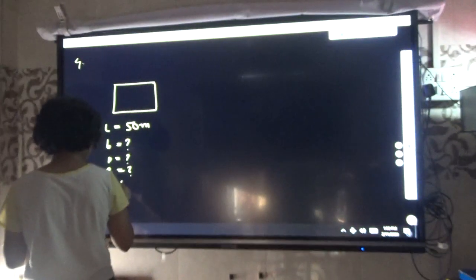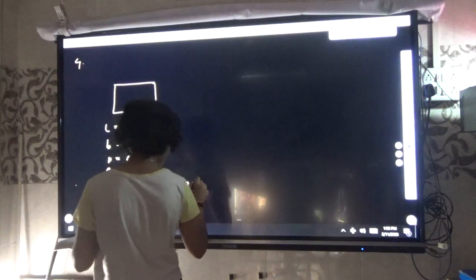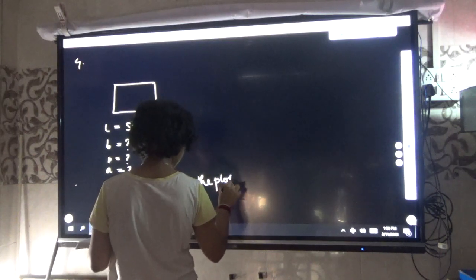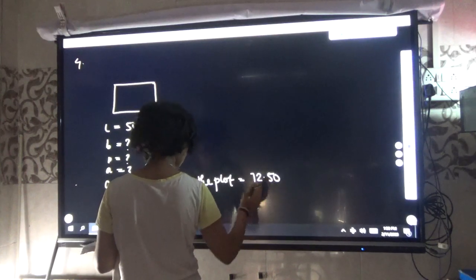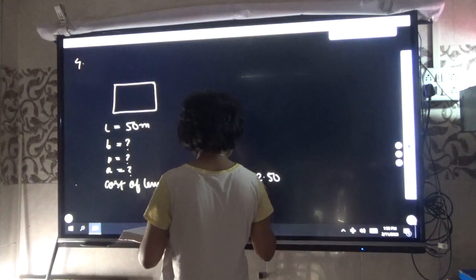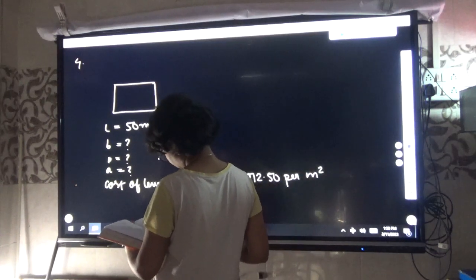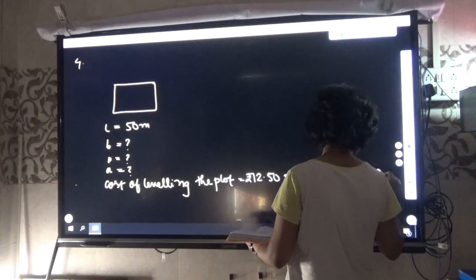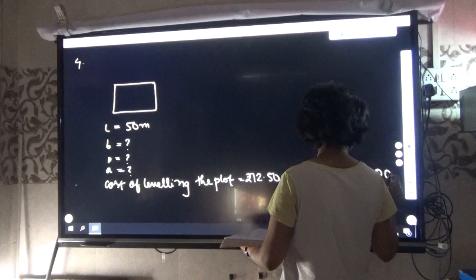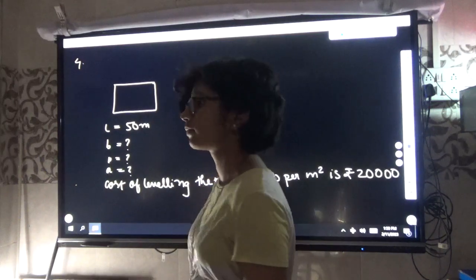The cost of leveling the plot, 20,000 rupees.